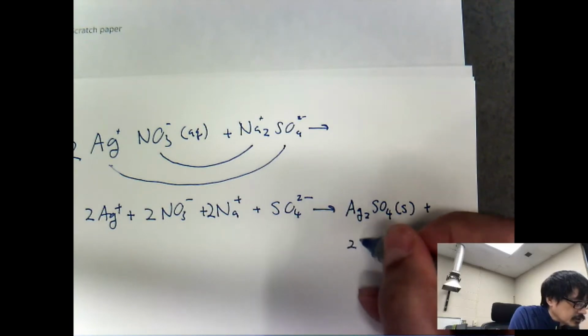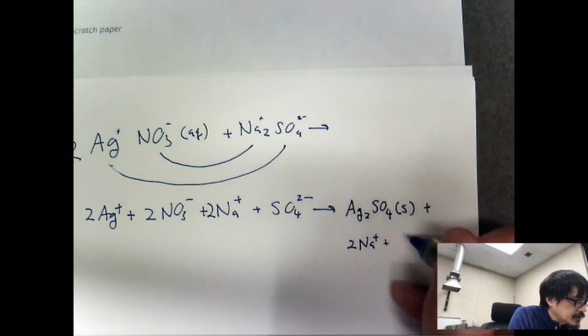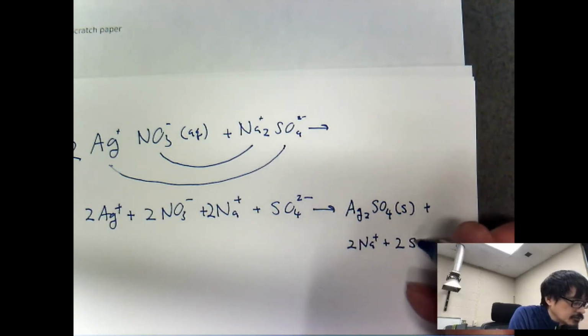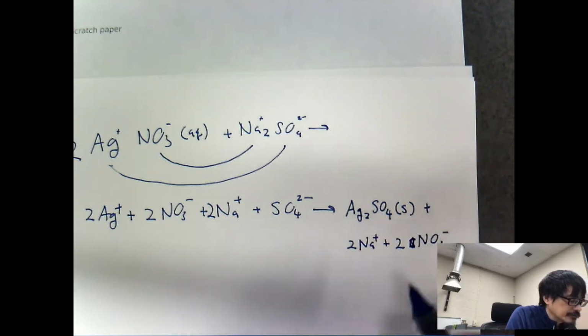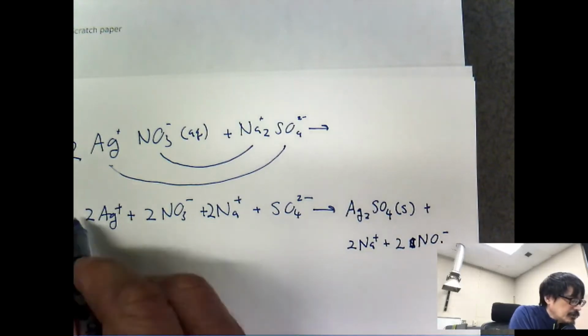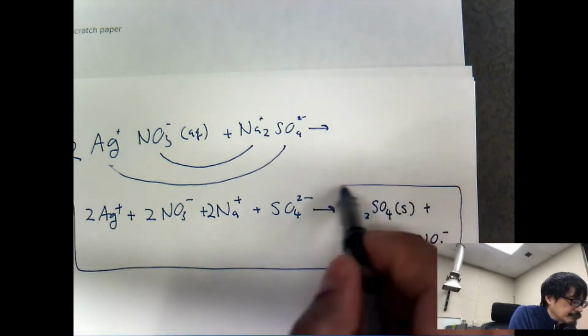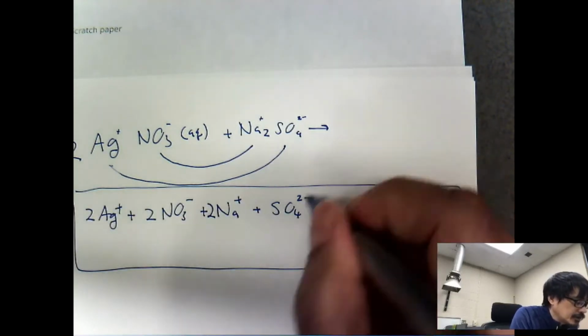So 2Na plus plus 2 NO3 minus. So that will be right here. That's our ionic equation.